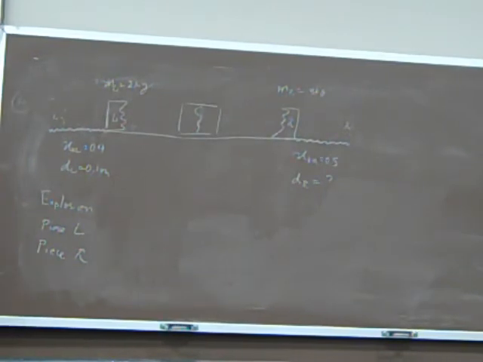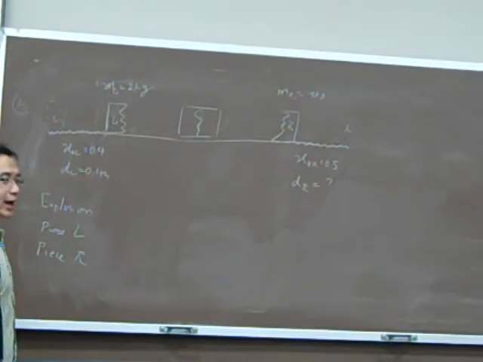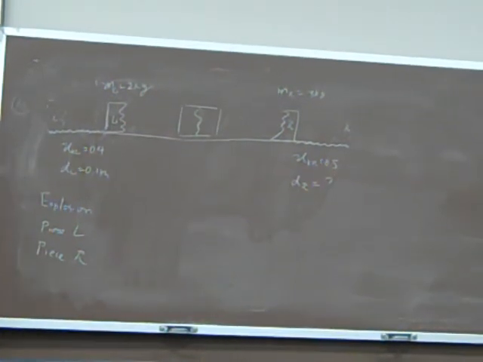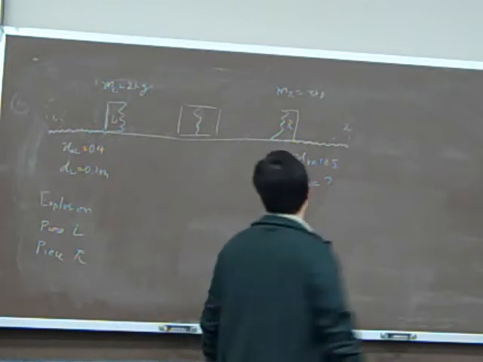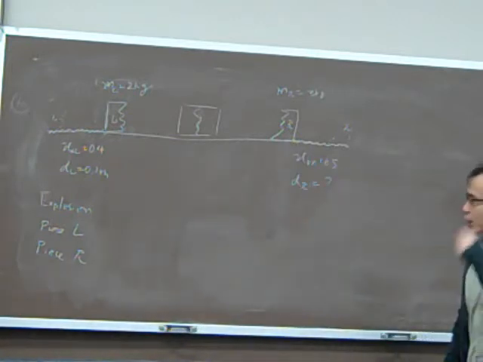Delta E equals WNC. If you don't have frictional force, the mechanical energy should be conserved. If you have frictional force, the change in mechanical energy equals the work done by frictional force. You use that.